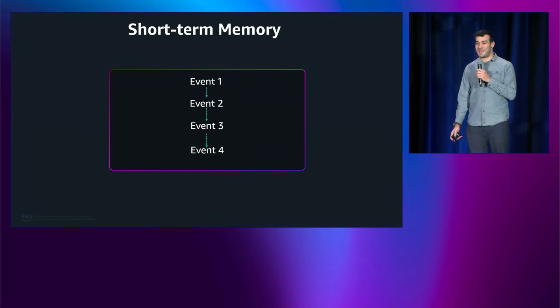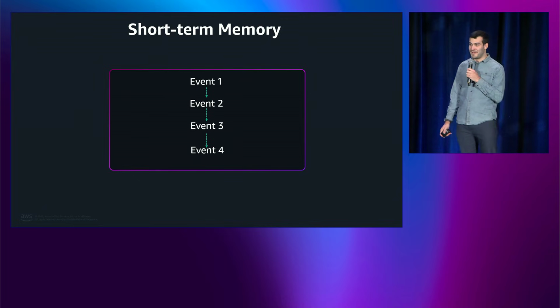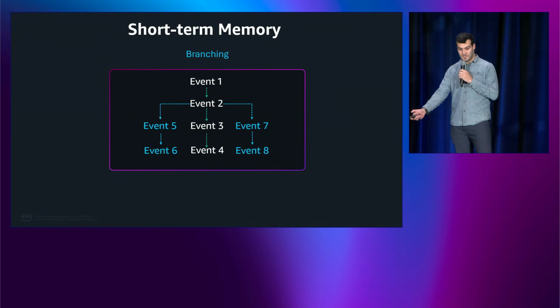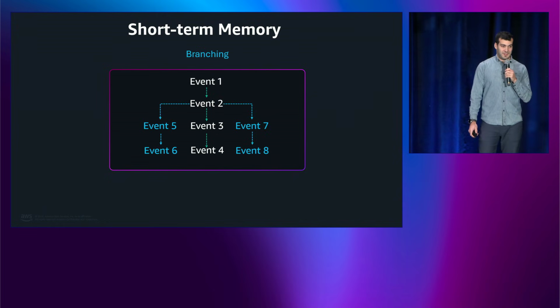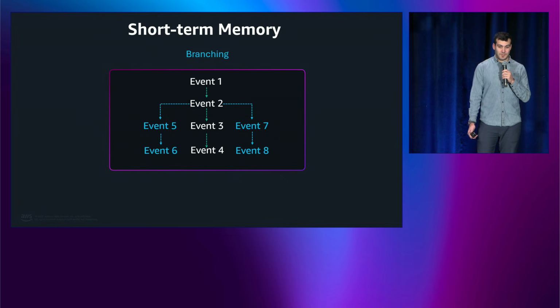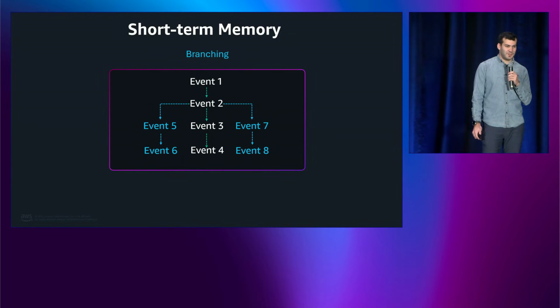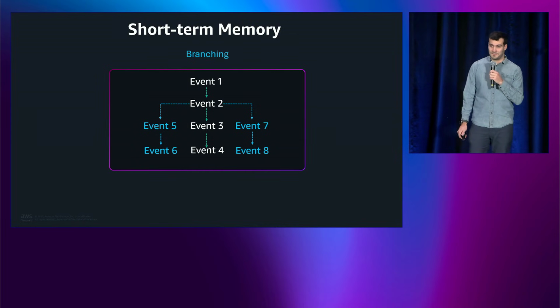AgentCore memory supports a few other advanced features for event organization with short-term memory, one of which is branching. Branching is useful for going back and editing messages or editing events. And it's also useful for concurrent event streams.